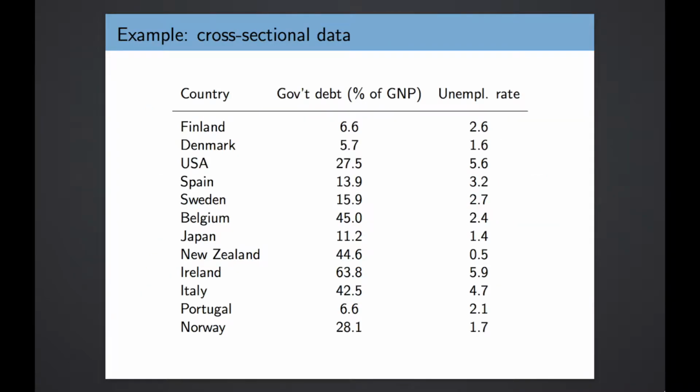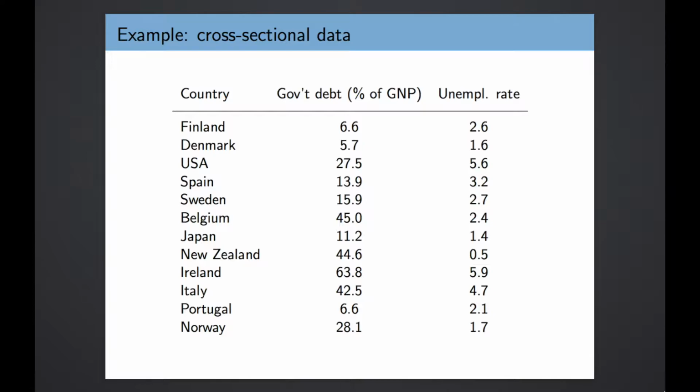Another example would be if we wanted to study the relationship between government debt and the unemployment rate in a whole bunch of different countries. So on this slide, we see an example of cross-sectional data dealing with this particular research question. So for each country, we've collected data on government debt as a percentage of gross national product, as well as the unemployment rate in that country.